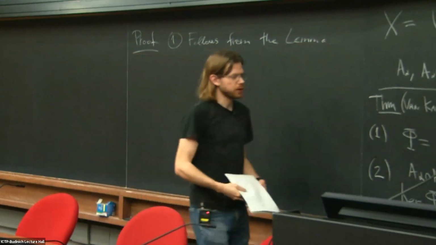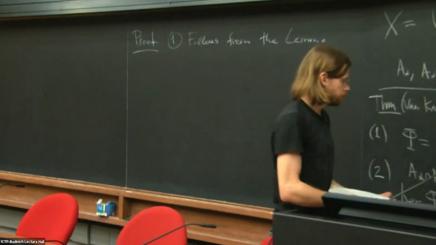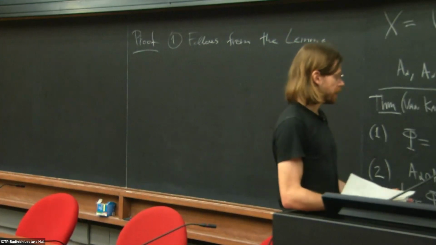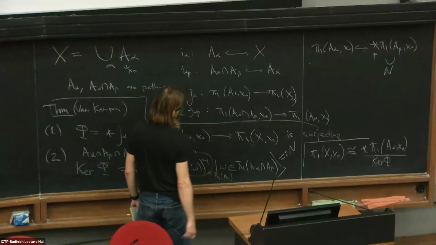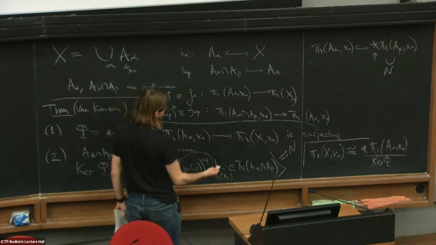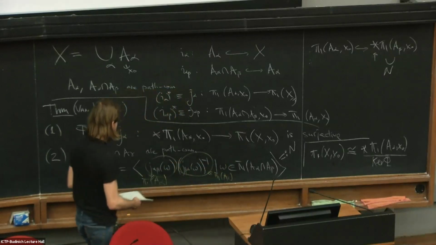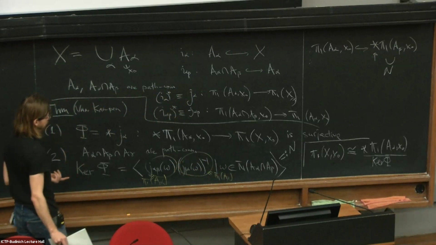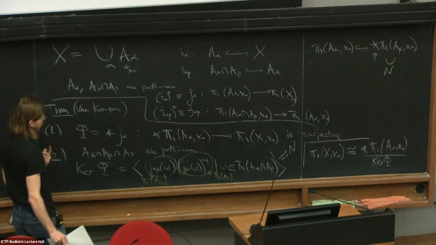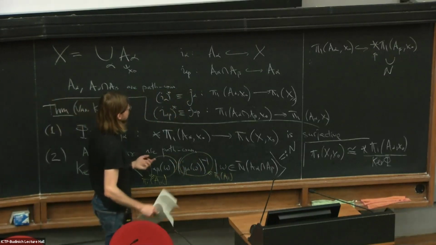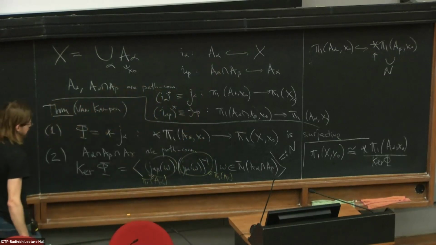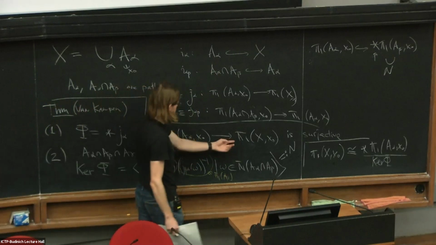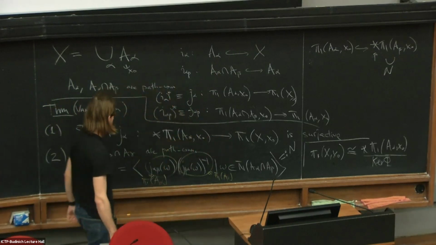Because in the lemma, we showed that any loop representing an element in pi1 can be represented as a composition of loops, all individually in A alpha. This means any element in pi1 can be obtained by this map.